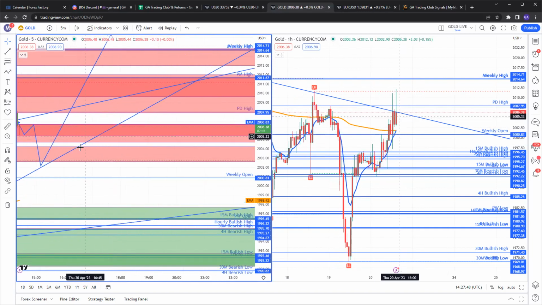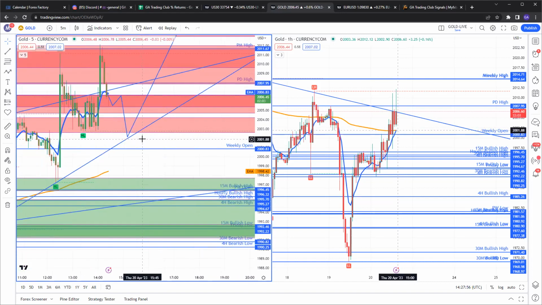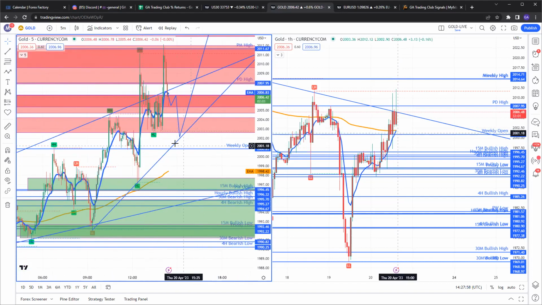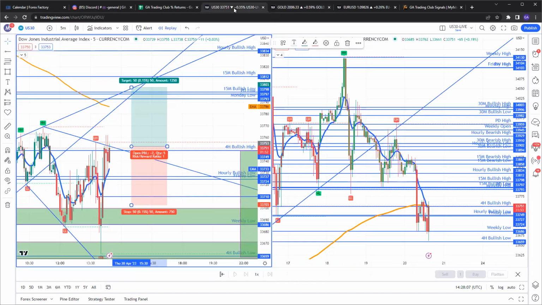So personally, if we do get here, I will also be buying gold at around 2002, 2001, if I get the right confluences. For here, of course, you need a retest and closure above, and hopefully another retest and closure above, to enter into any buys.